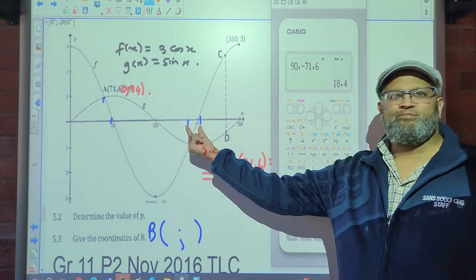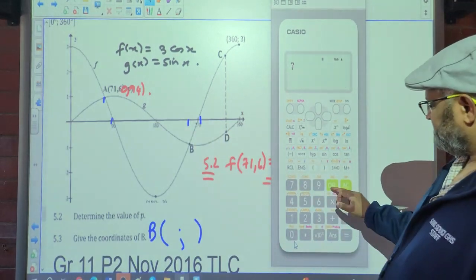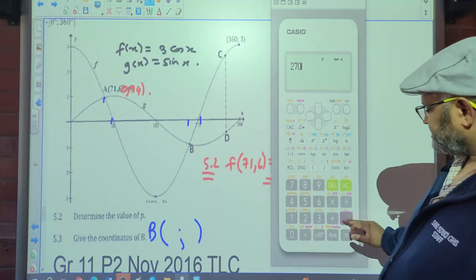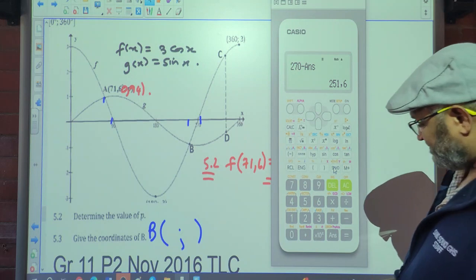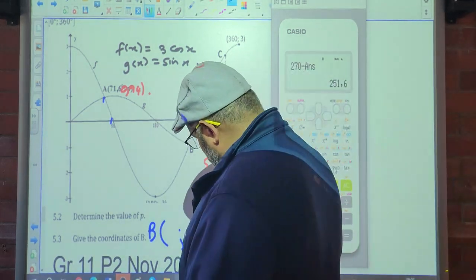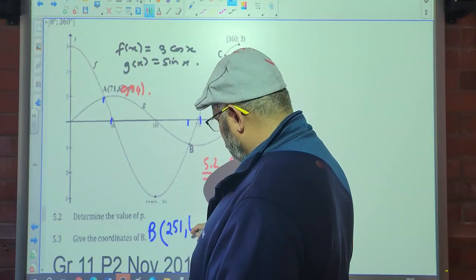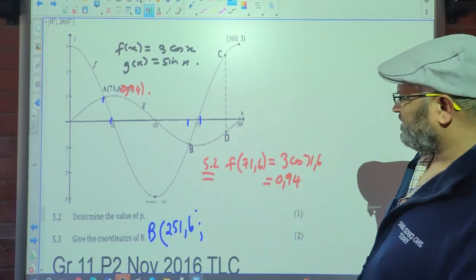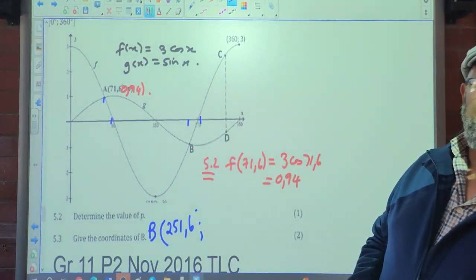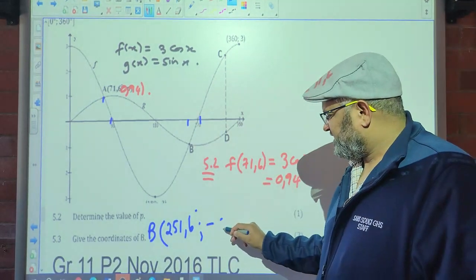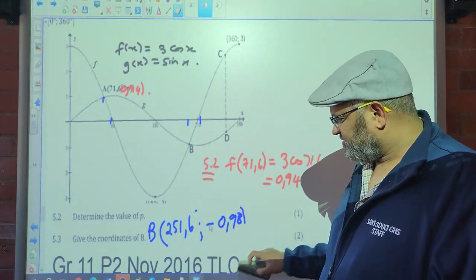So that distance is 18.4. The 270 minus 18.4 gives an answer of 251.6 degrees. Now, of course, the corresponding y value is also 0.94, but in the negative direction, so negative 0.94.